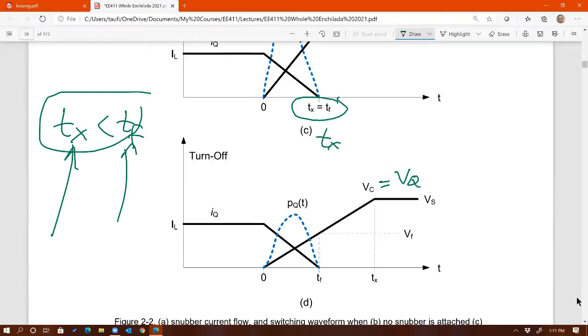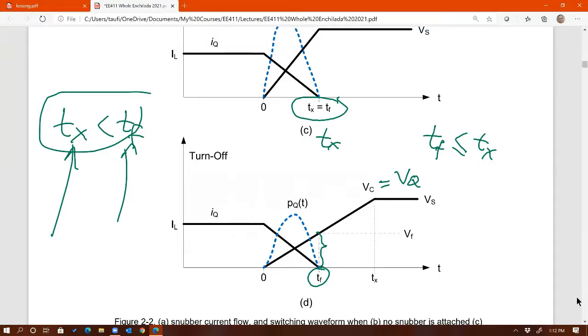If you want TF to be less than or equal to TX, then notice that when IQ reaches 0 at TF, that corresponds to a certain voltage level across the cap. That's what I call VF. That voltage is the voltage at which we have time equals TF, so the voltage across the cap at TF.